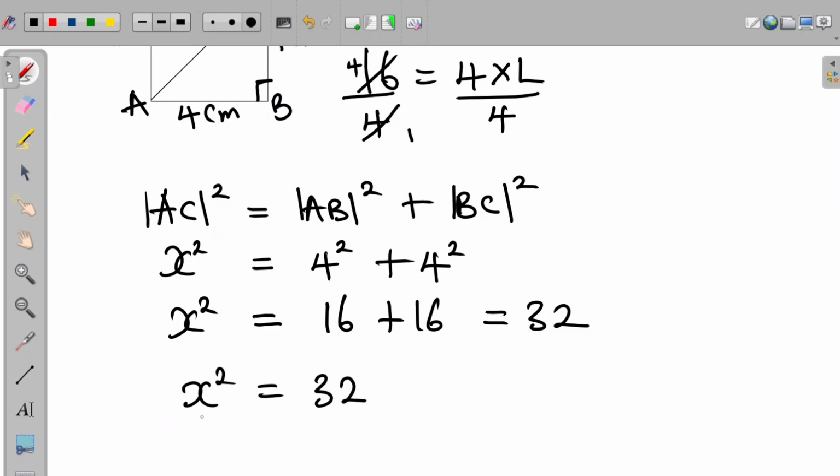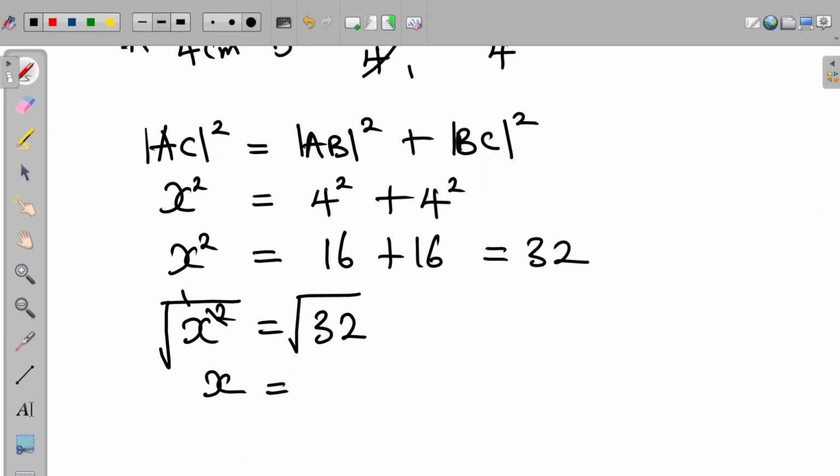Now to obtain x, we take the root of both sides. So if we take the root of both sides, squared will cancel out square root. So x will be equal to, now we express 32 as a product of its factors. So we have root of 16 times 2.